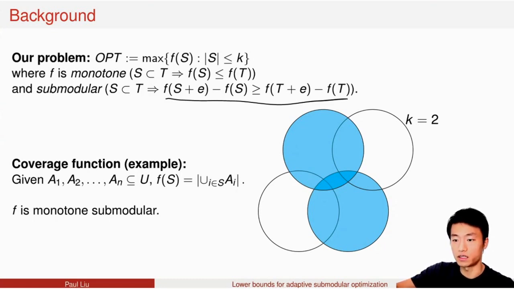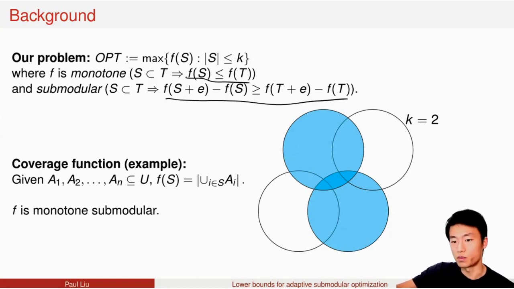A function is monotone if adding more elements to the set only increases the value. This is not the case for max cut, for example, since adding every node to the cut set makes the cut 0, and the empty set also has value 0, and in between it's higher.